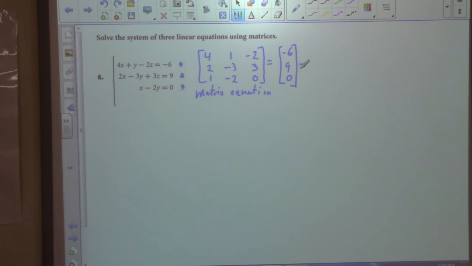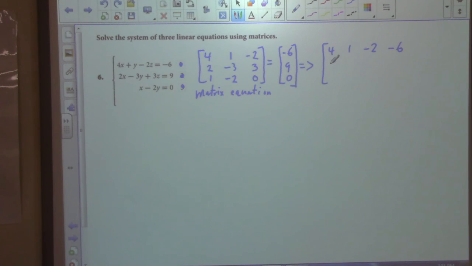And matrices were invented, I think, by the Chinese some 2,000 years ago, or 1,500 years ago, or a long, long time ago. And then what we're going to do is condense this matrix equation into another matrix that is going to be 4, 1, negative 2, and negative 6.